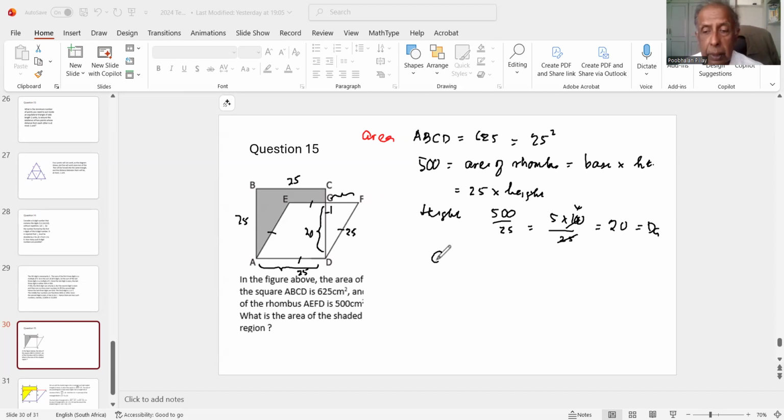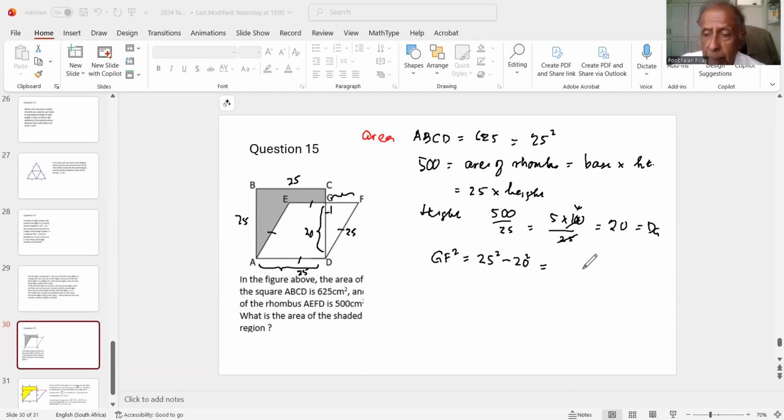So GF squared, I'm not even looking at the question, I'm just trying to get as much information as possible. GF squared is in a right angle triangle, you've got two sides there. So there's 25 squared minus 20 squared. Now, I don't square this and find the square root.